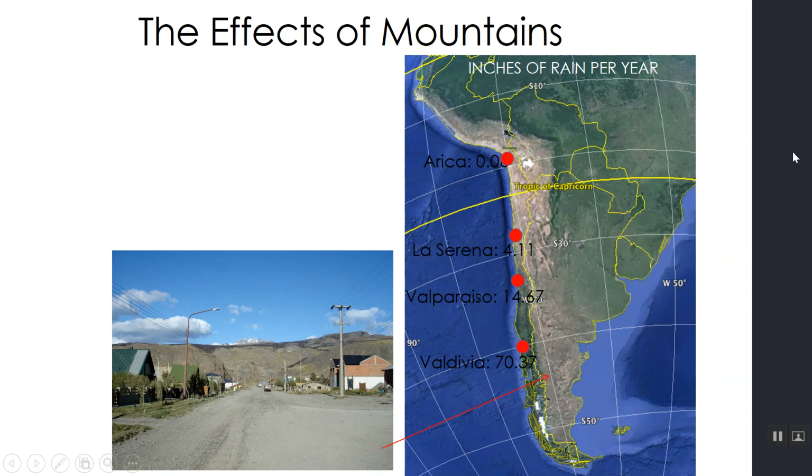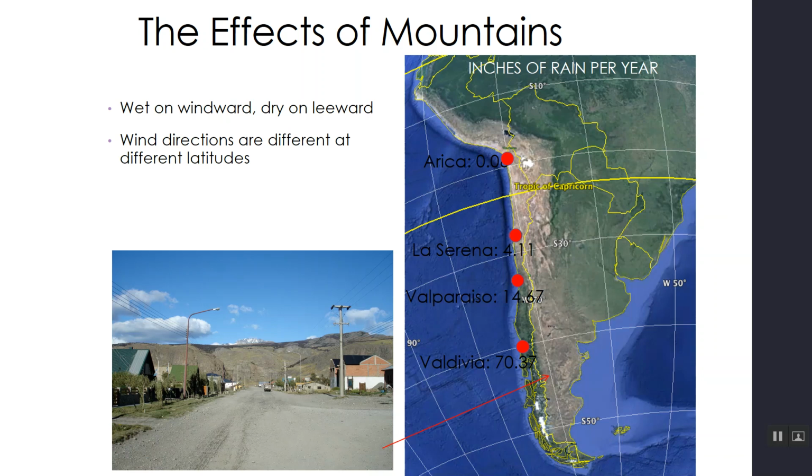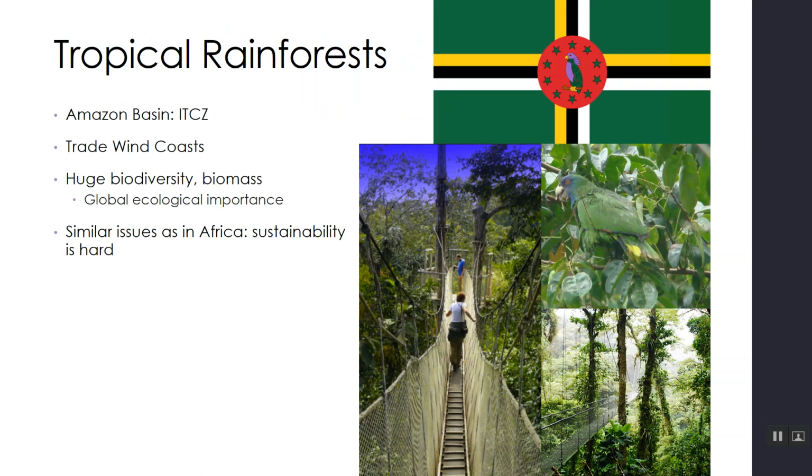As you go farther north, though, the wind patterns change, and the trade winds are bringing the wind from the east, and so you wind up with a very, very dry coast on the west coast, where in the Atacama Desert sometimes there's no recorded rainfall. So again, wet on the windward side, dry on the leeward side. And those wind directions are different at different latitudes.